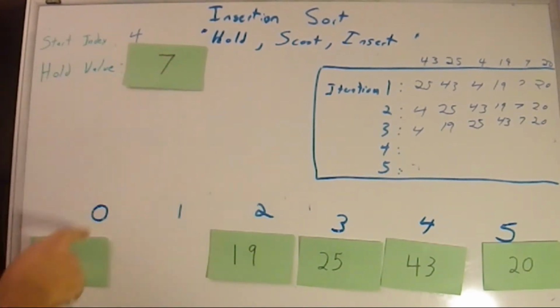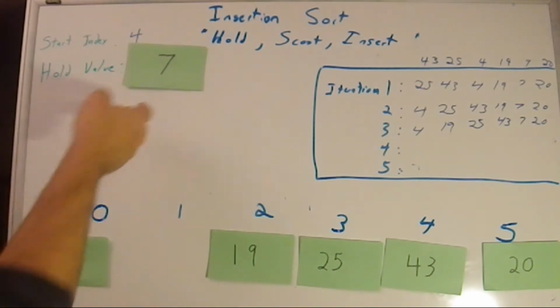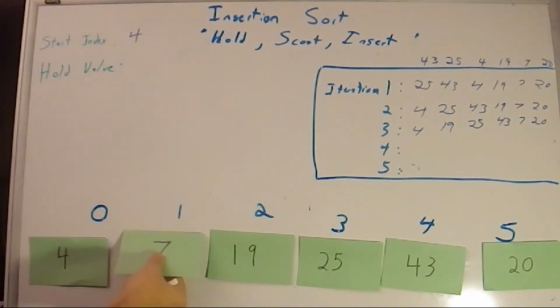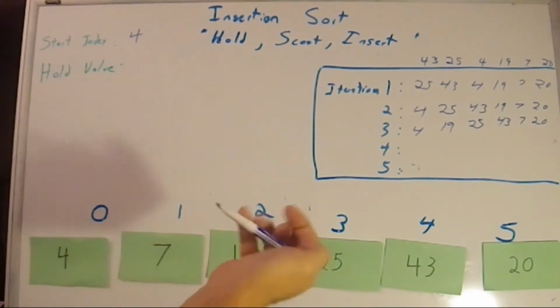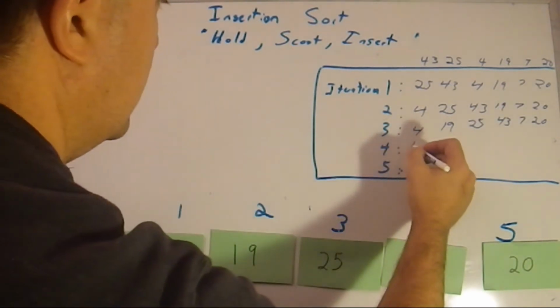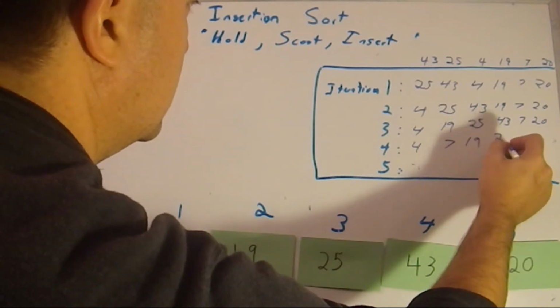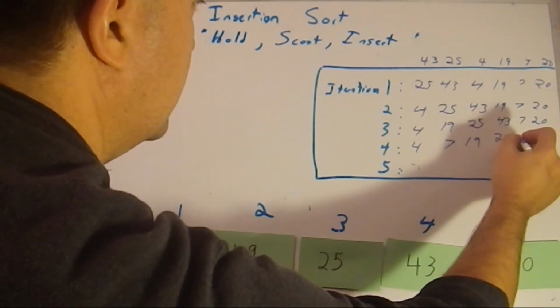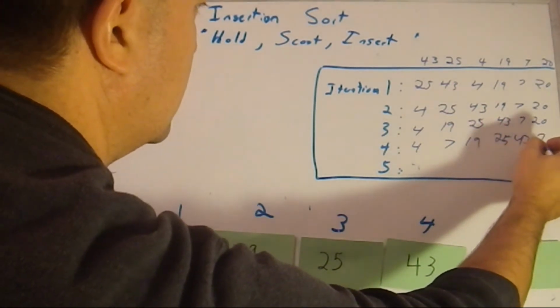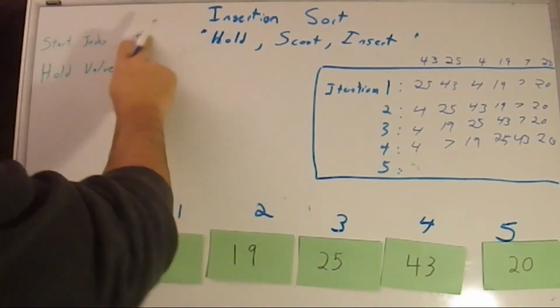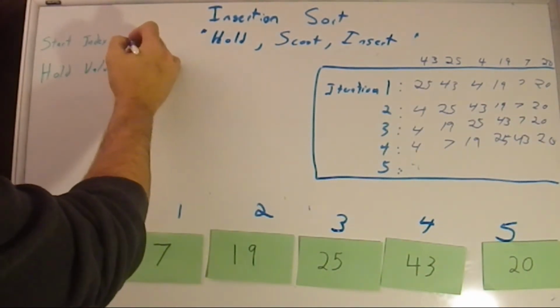And 7 is greater than 4, so we stop right there and insert the value. Our next iteration passes 4, 7, 19, 25, 43, and 20.